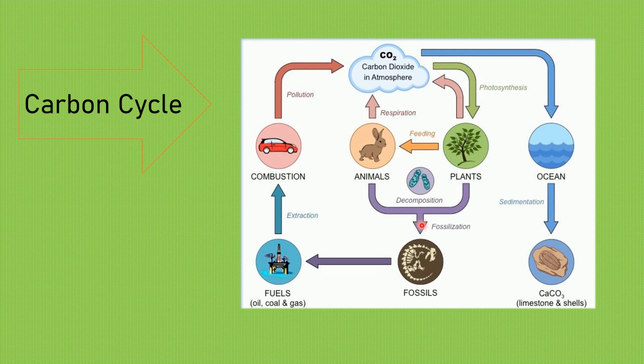Or if these are not decomposed, sometimes due to extreme temperature and pressure, they may be converted into fossils. These are the fossil fuels which are not completely decomposed, nothing but coal and petroleum, that is oil and gas, which are utilized by mankind.